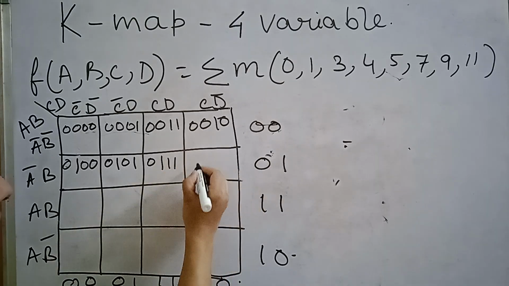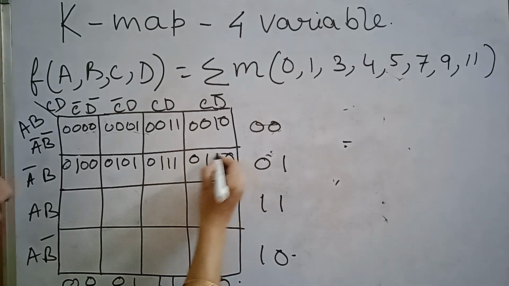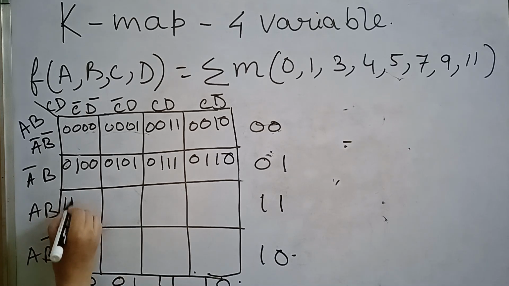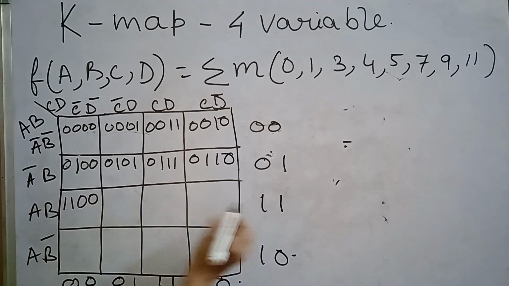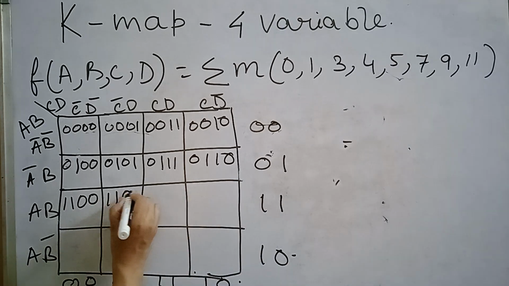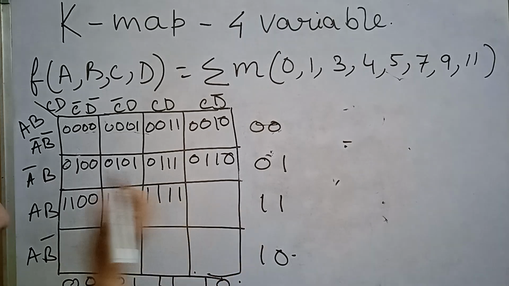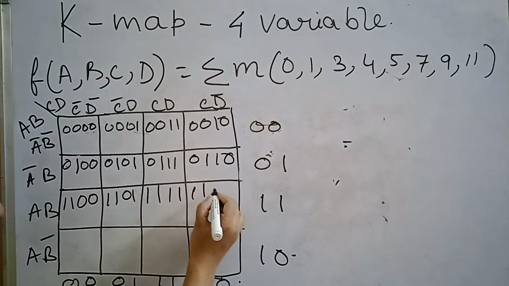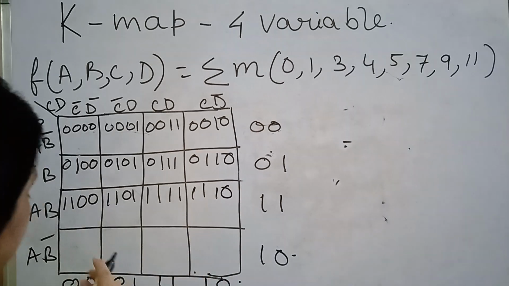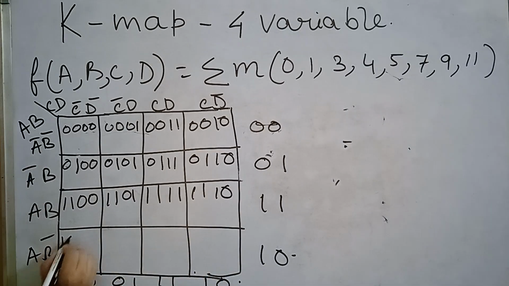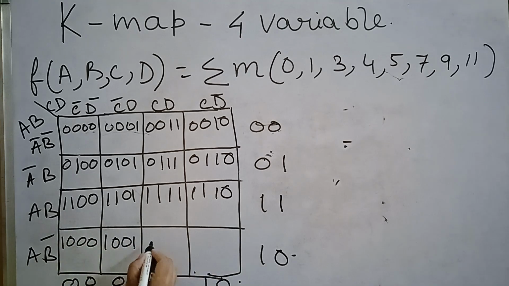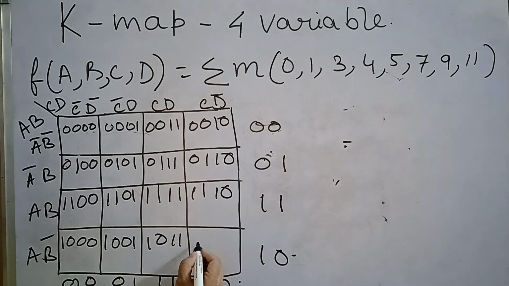And this one will be 0, 1, 1, 0. This one will be 1, 1, 0, 0. Then this is 1, 1 from row, from column 0, 1. This is 1, 1, 1, 1 and this is 1, 1, 1, 0. Similarly, this will be 1, 0, 0, 0, then 1, 0, 0, 1, then 1, 0, 1, 1, 1, 0, 1, 0.